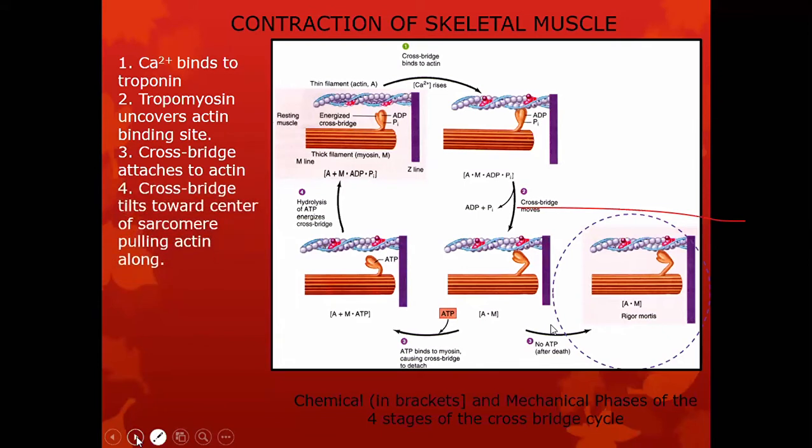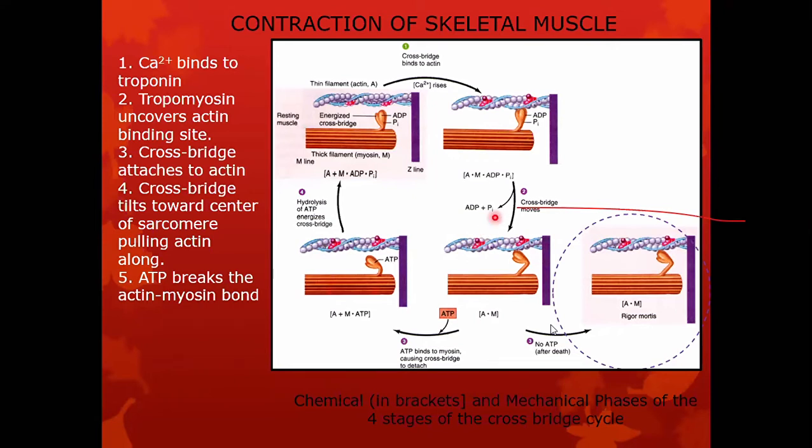Then the cross bridge will tilt towards the center of the sarcomere, pulling the actin along, because the actin has already attached to the cross bridge. The ATP breaks the actin-myosin bond.